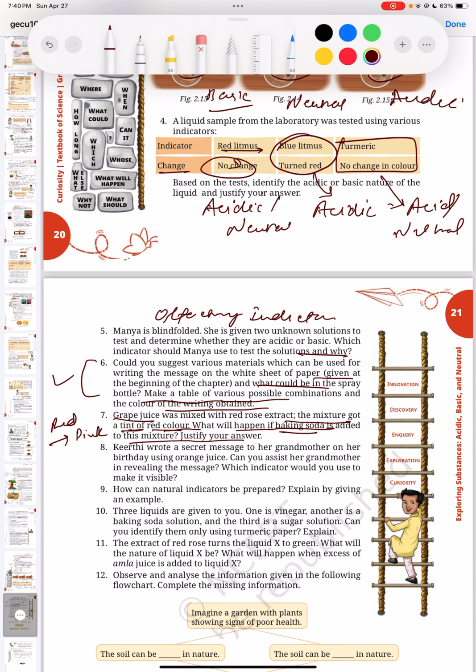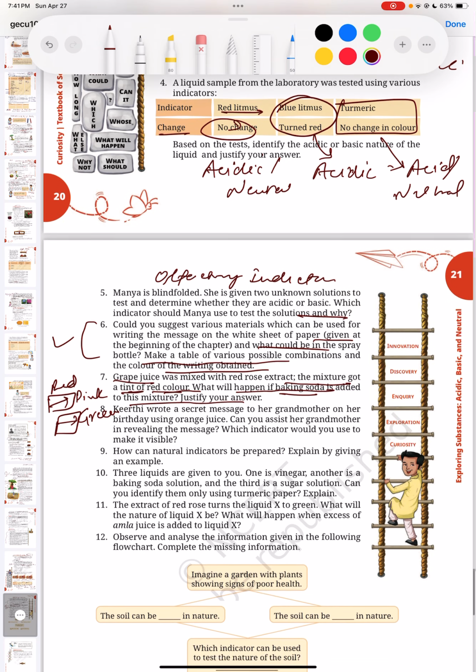But now if you keep on adding more and more baking soda, the solution will start turning basic, and then it will start turning green in color. So these are the two transitions that will happen if you keep on adding baking soda. This is something that again you can do offline.